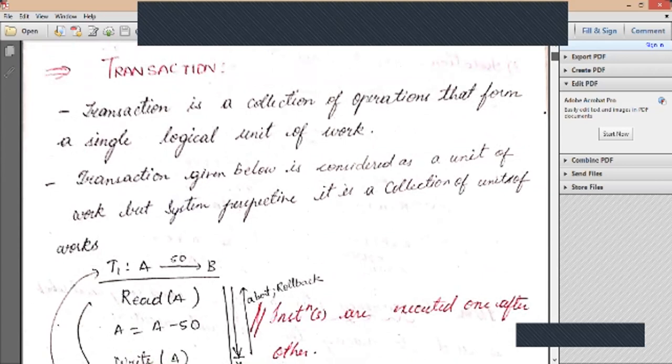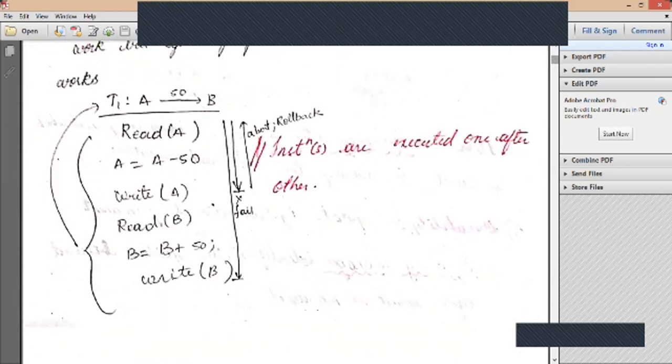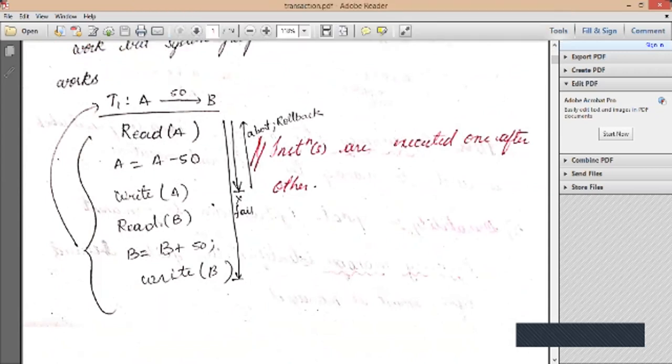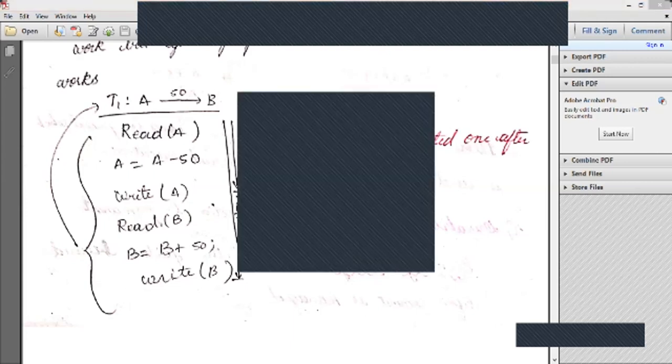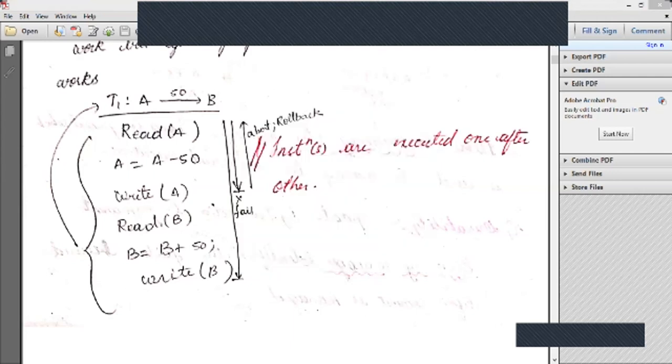Now what happens here is, suppose you have read the amount available in account A. You have removed the 50 rupees from his account and updated account A. Now during this process, suppose there's a system error or something has happened and it failed, after write A it has failed.